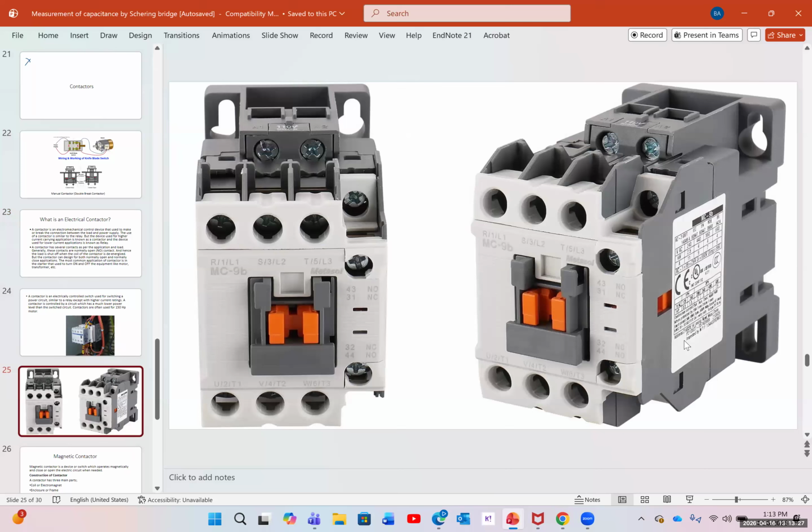This is a contactor that you're going to see in the lab. On top, you have 3 terminals, which are your inputs of your 3-phase power input, which comes from the grid, from the transformer or your input lines. Here we see A1 and A2. These two magnetize the coil.